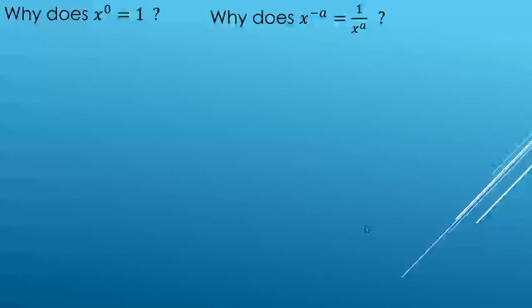So let's get into why the zero exponent rule works and why the negative exponent rule works. Now, yesterday I showed you these two rules. Everything to the 0 power is 1, and we can convert negative exponents and make them positive by switching their position, like we see right here.